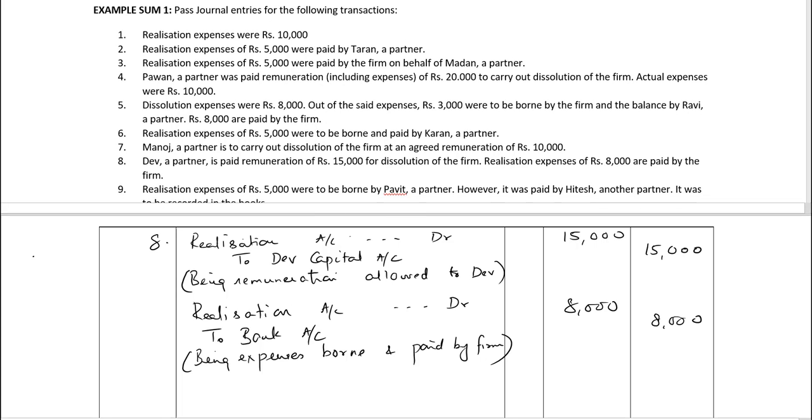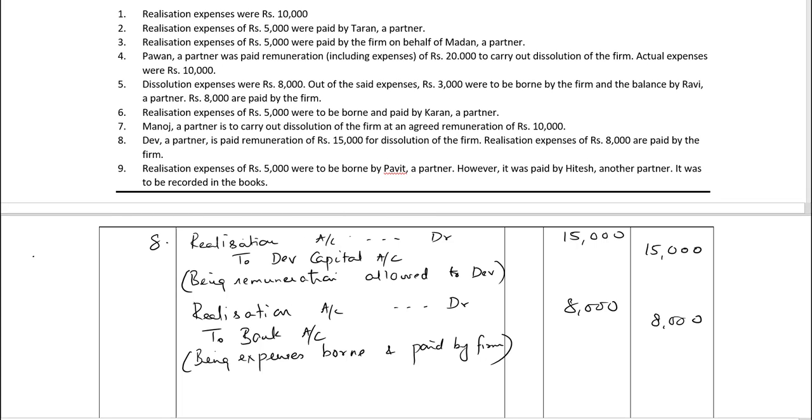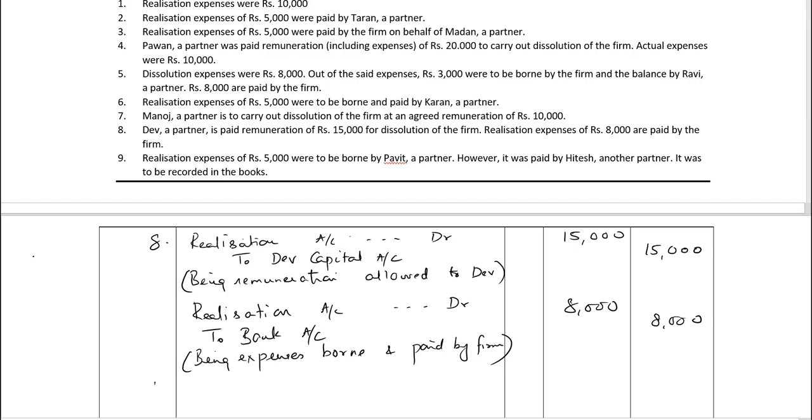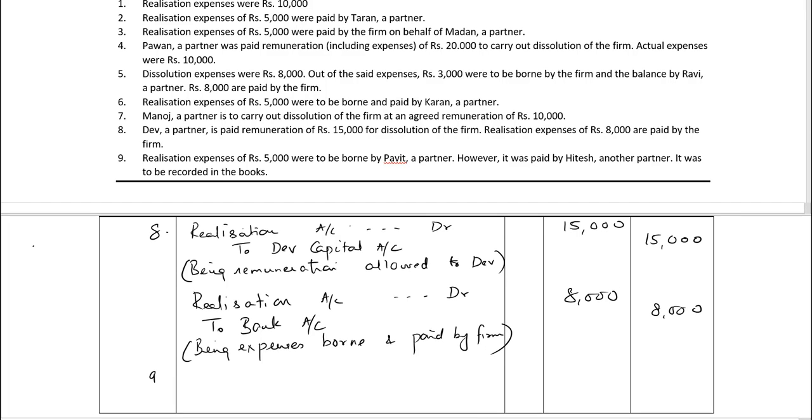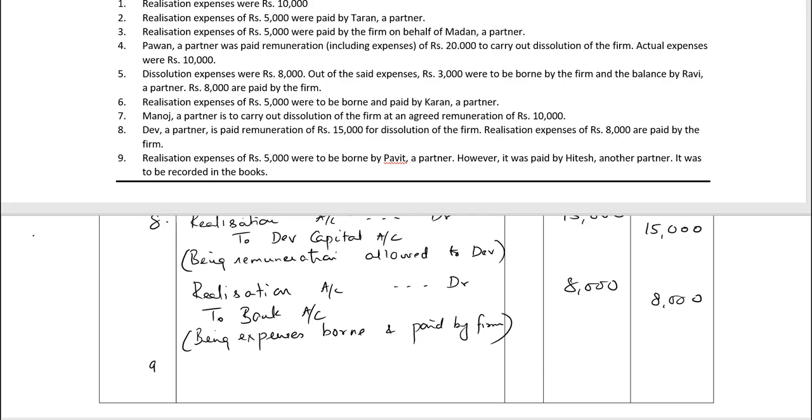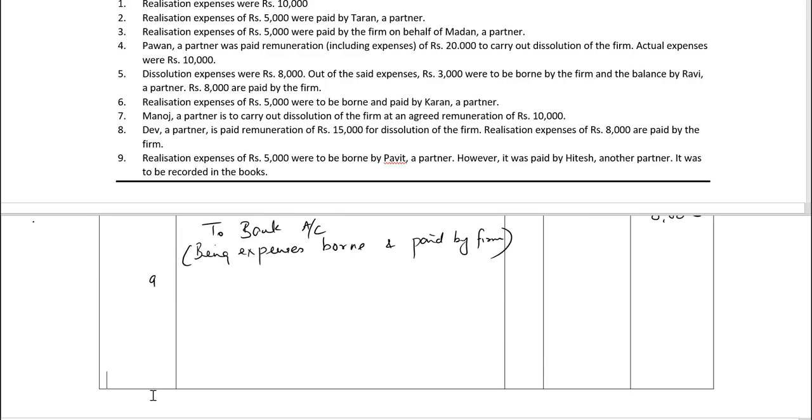The final question, ninth one. Realization expenses of rupees 5,000 were to be borne by Pavit, a partner. However, it was paid by Hitesh, another partner, and it was to be recorded in the books.